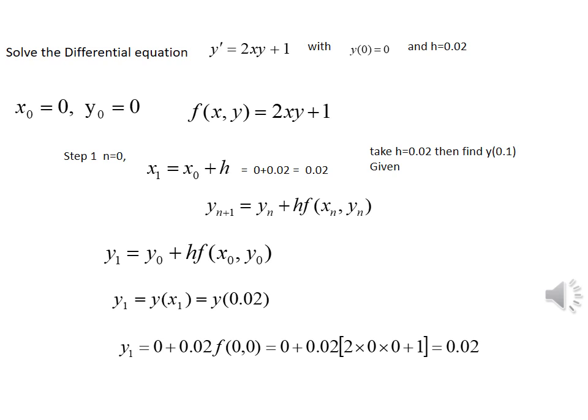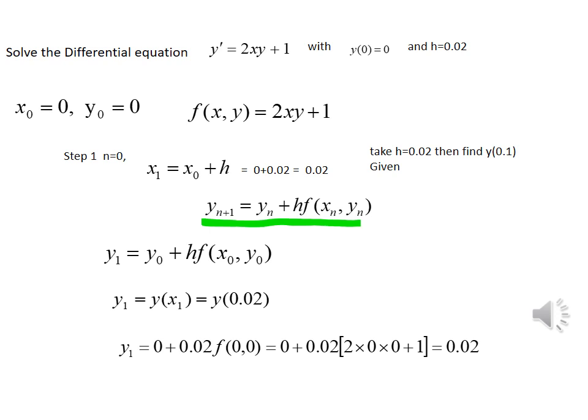For step 1, n is equal to 0, we can say that x1 is equal to x0 plus h. Since x0 is 0 and h is equal to 0.02, at x1 we get 0.02. Now let us use the formula yn plus 1 is equal to yn plus h into function of x and yn. Put n equal to 0: y1 is equal to y0 plus h into f of x0, y0.